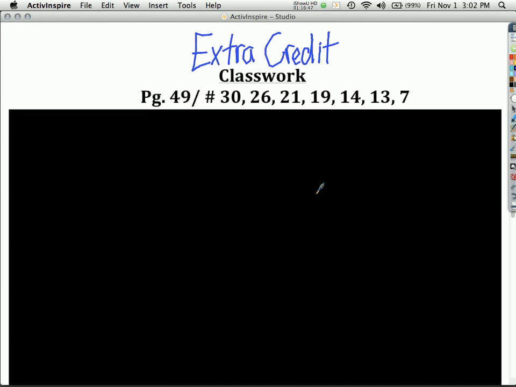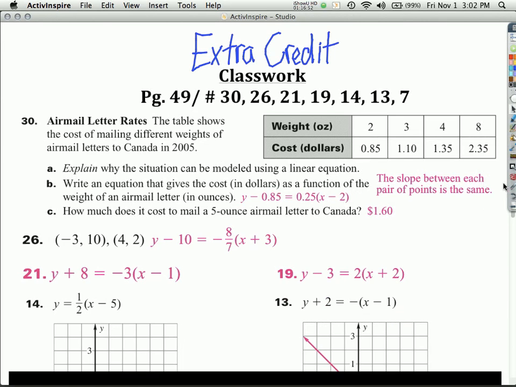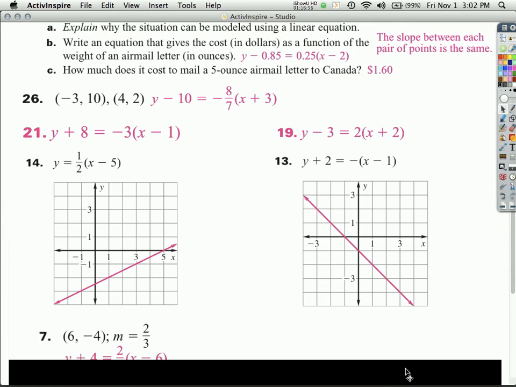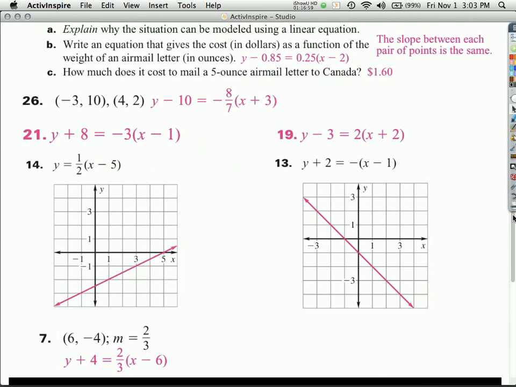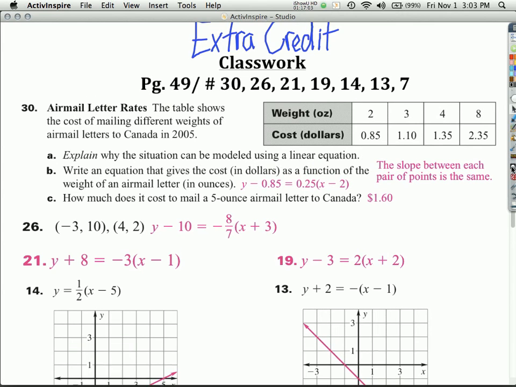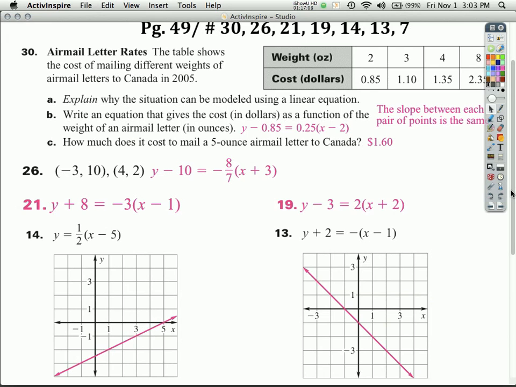Okay? And to make sure that the answers are included in my screencast, I'm going to reveal the answers so that you can check your classwork answers after you do them. Okay? So this would be extra credit. It's good practice, it's important, and it's a way for you to do questions and have the answers right there for you so that you know if you're doing it right. Okay?